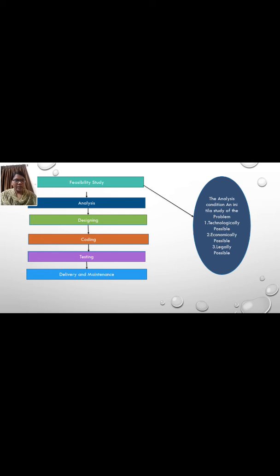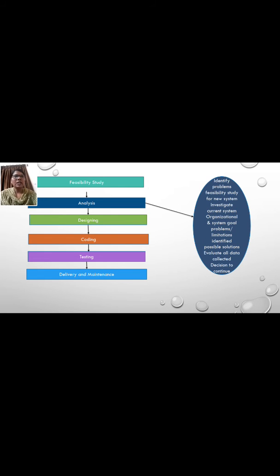This is one input document to the next phase, the analysis phase. So the input to the feasibility phase is the business requirement, and the input to the analysis phase is the BDD, the business design document.